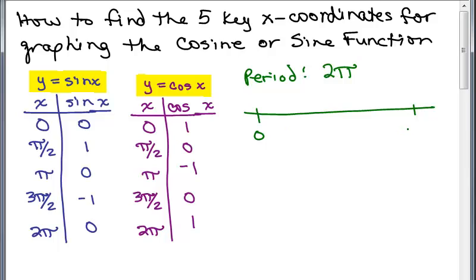So if we have 0 and we want to end up at 2 pi, we need to find these other ordered pairs in between. One way of doing that is you're going to just add a fourth of the period. So you're going to add a fourth of 2 pi to get this new x-coordinate.